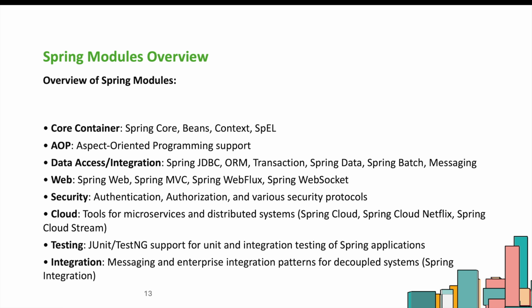If you're developing a Spring web-based application, use the Spring web module. For security, use security. For distributed development, use cloud. We also have a testing module and an integration module. I am going to explain each of these modules in detail in upcoming classes.